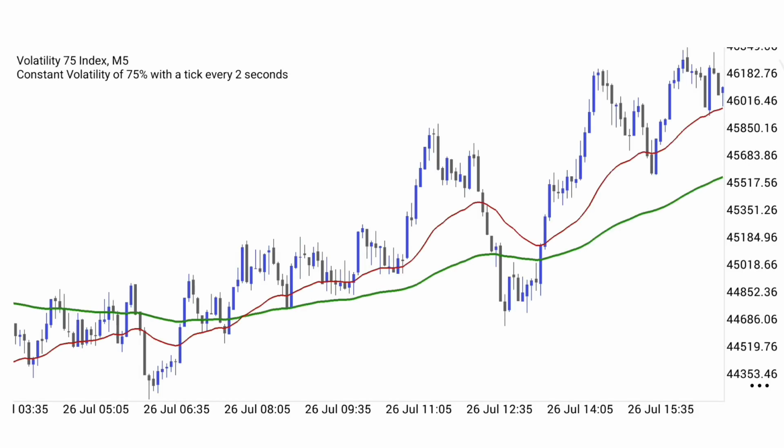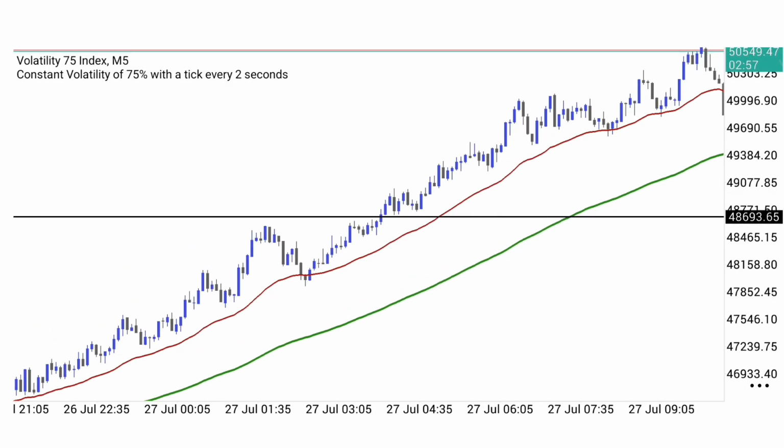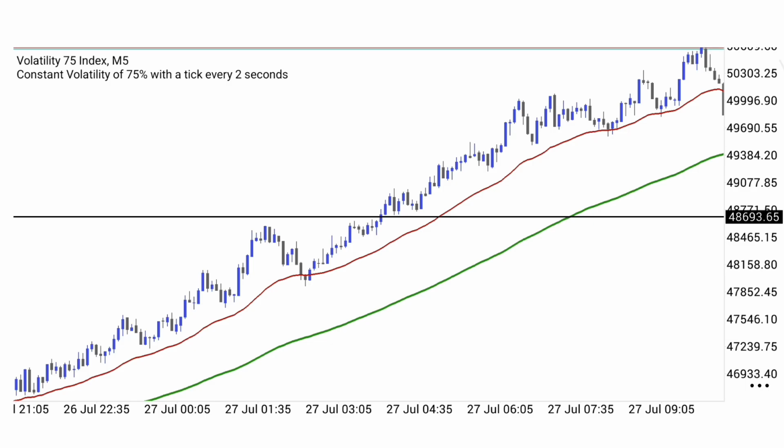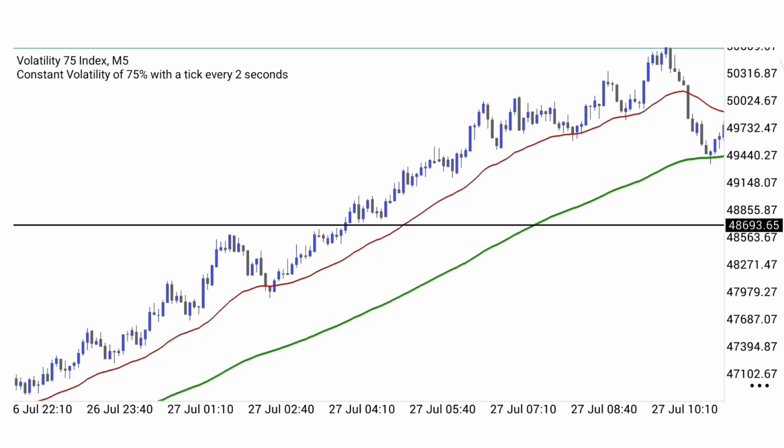Alright, so a lot of people think that trading volatility 75 indices is like doing quantum physics or doing further mathematics, but that is not true. I trade volatility 75 indices with a very simple trading strategy that makes me look almost like an idiot. And a lot of people think that traders who use moving average are not real traders. That is another lie.